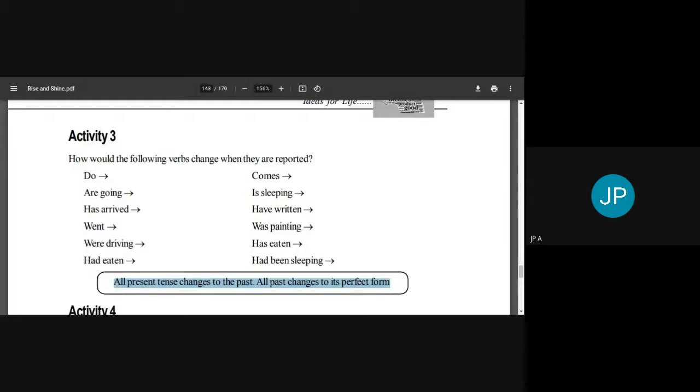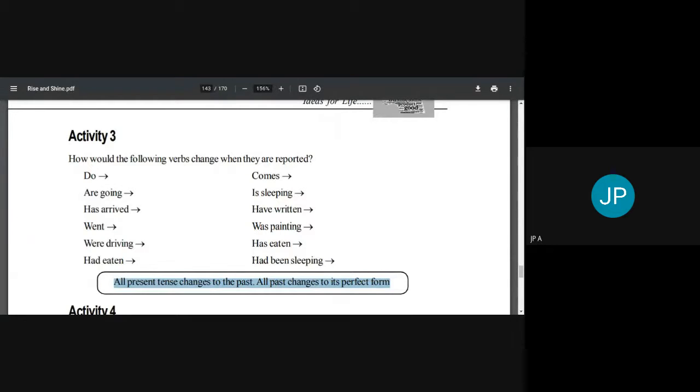I'll give you an example. Shima said, I had slept. It is in past perfect tense.